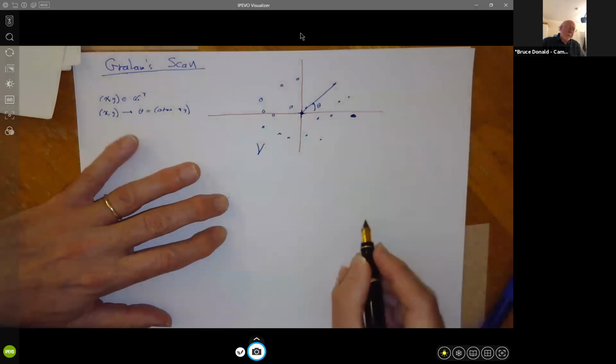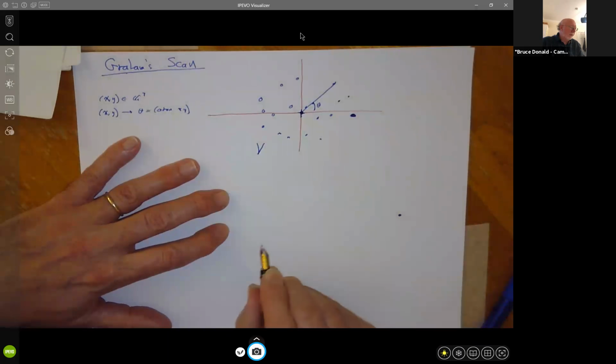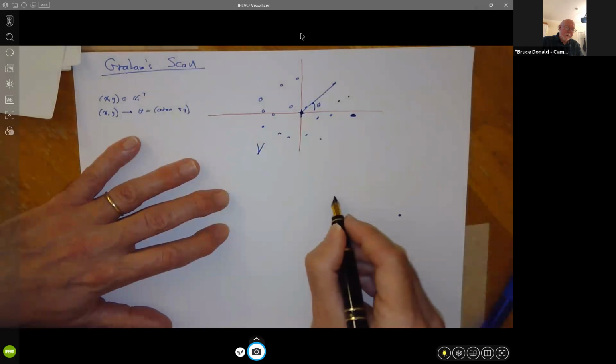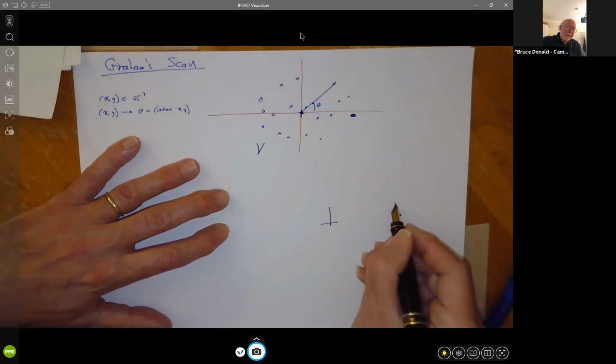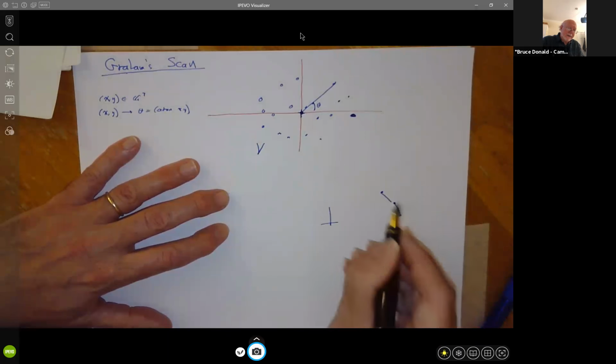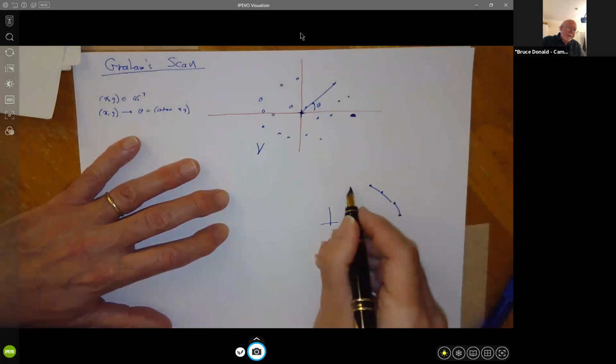So let's look at a simple case, kind of blown up. Suppose I start at a maximal point like this. And remember, my coordinate system is down here, so that's where the theta angles are. I start traversing in this order, and I'm constructing an approximate convex hull like this. So far, so good, right? I have three points here in the convex hull, and then I have one in here.